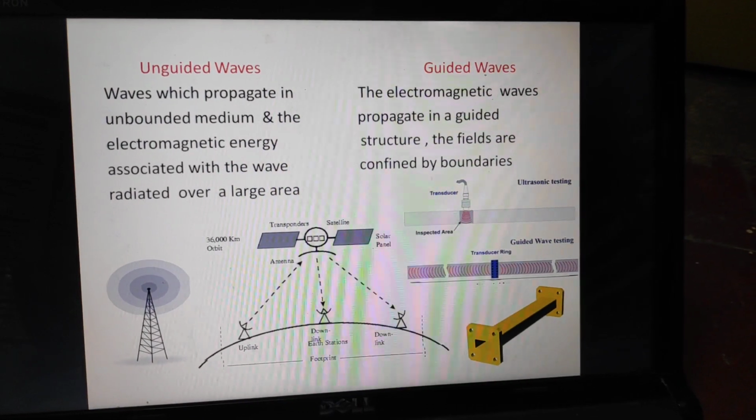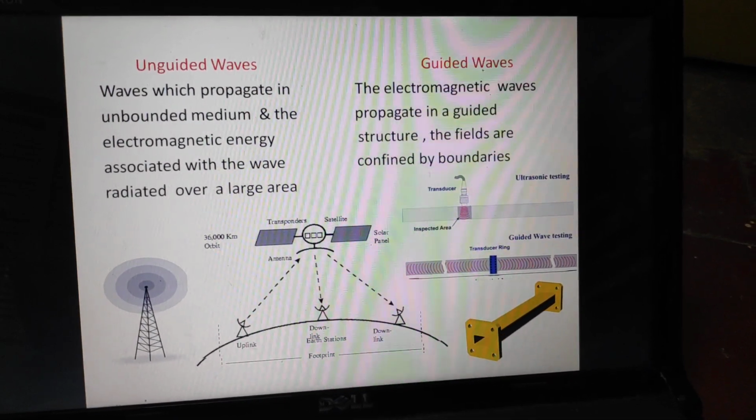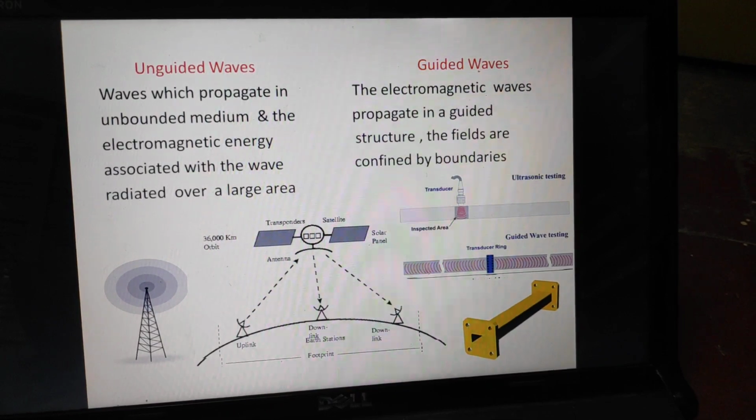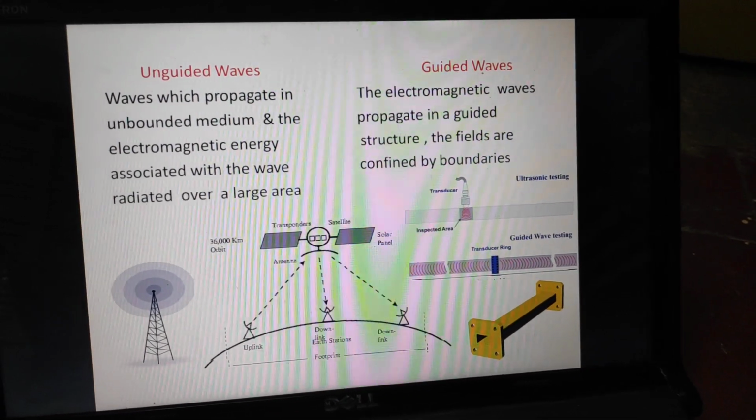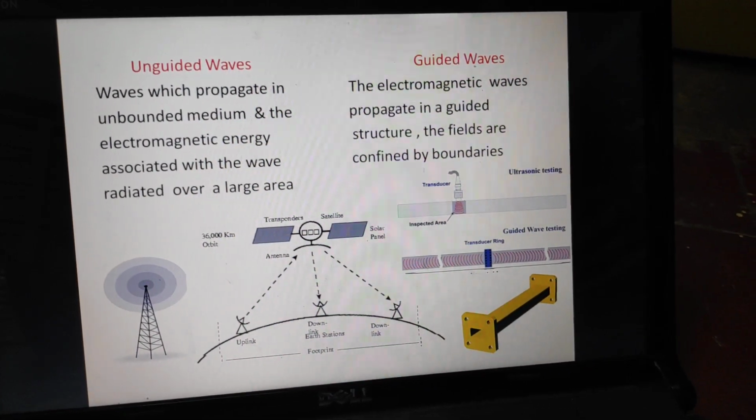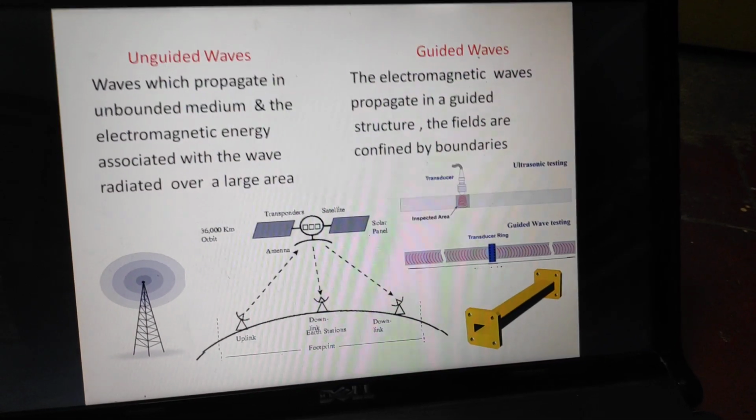Then what are guided waves? A guided wave means an electromagnetic wave which propagates in a guided structure. That means you'll have some specific or confined boundaries. Any examples for guided waves?